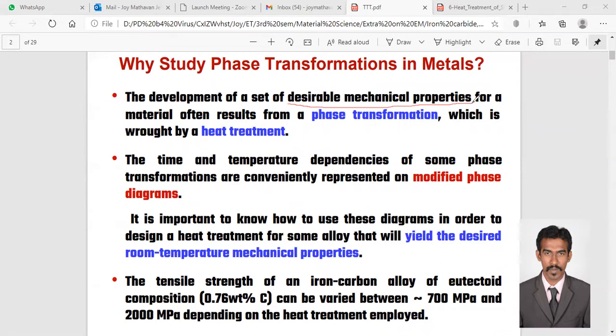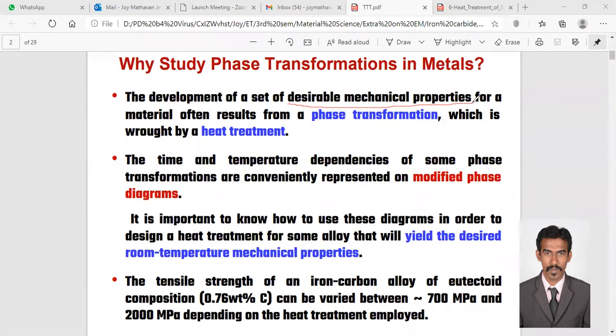These phases depend on up to which temperature we heat them and on the solubility of other materials inside. So we have this iron carbide diagram as the basic structure to understand what is happening.